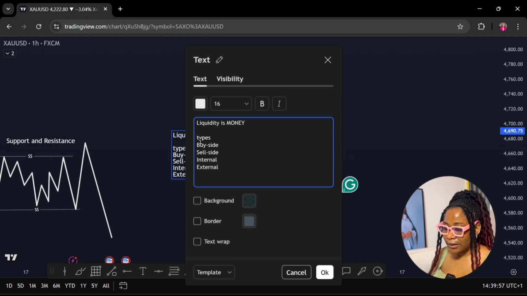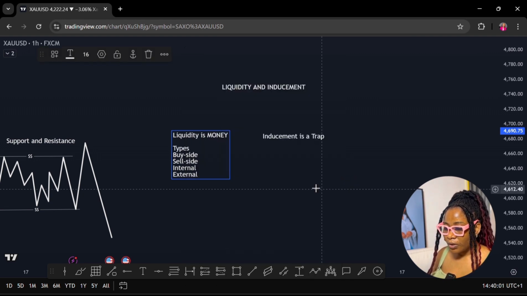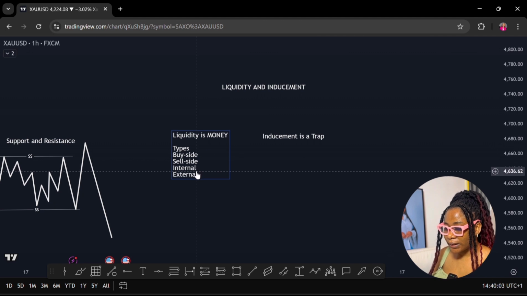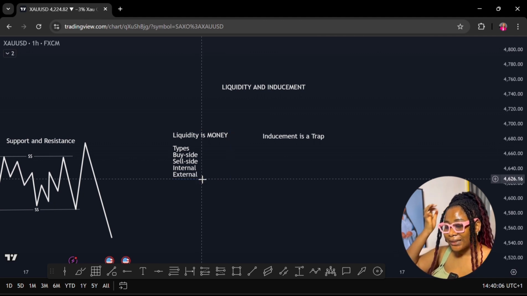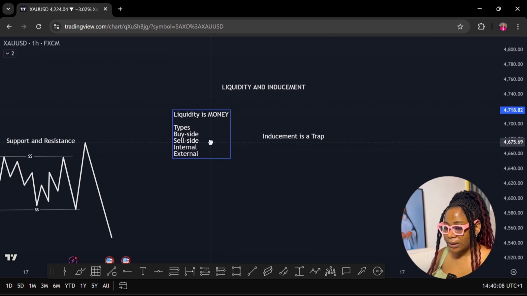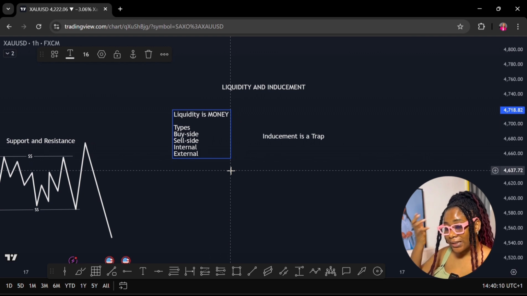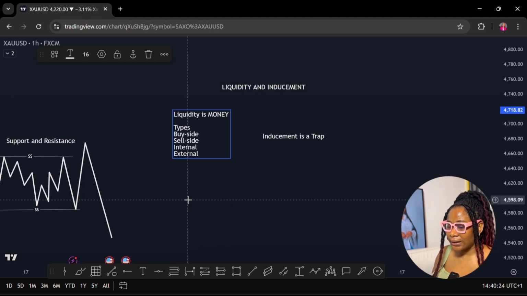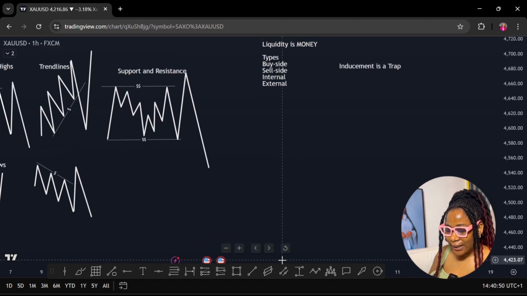So we have buy side liquidity, sell side liquidity, internal range liquidity, and external range liquidity. These are all types of liquidity. Now, buy side and sell side liquidity can also be internal and external range. But most of the time, we also have buy side and sell side internally. Our buy side and sell side look something like this.